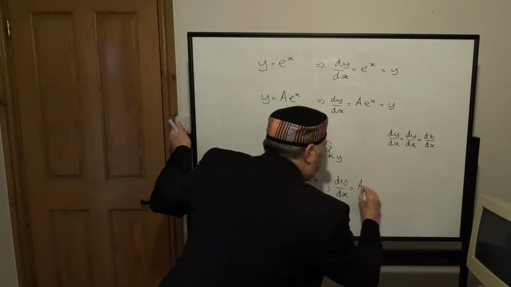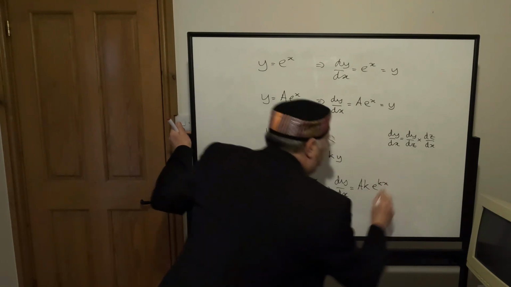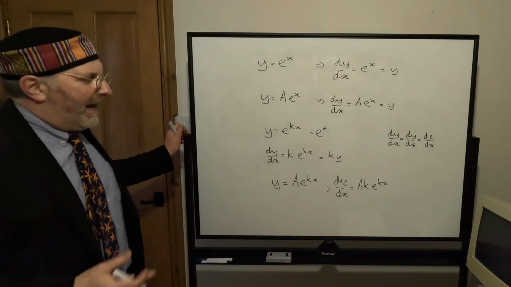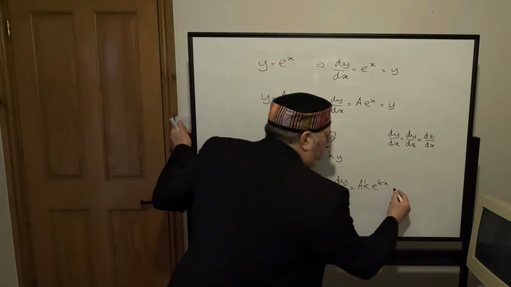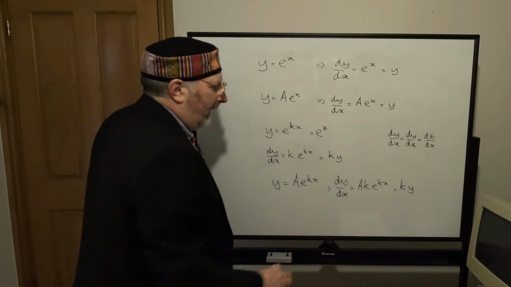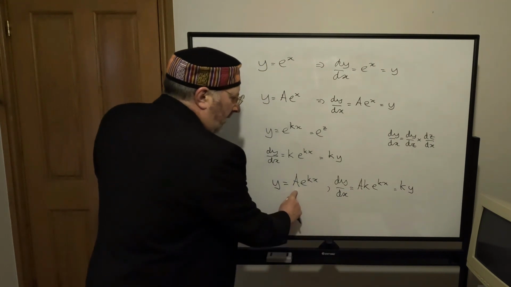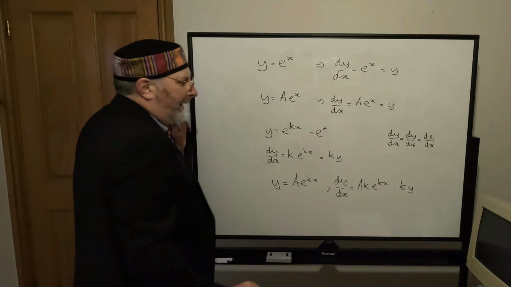So it becomes ak or ka e to the kx, whichever way around you like to put it. So in other words, this is again just k times y, as we've got a e to the kx, and we've just got an extra k.